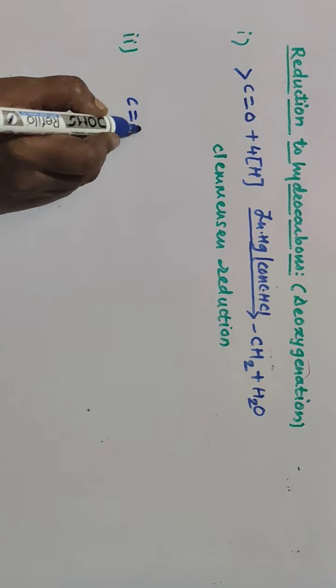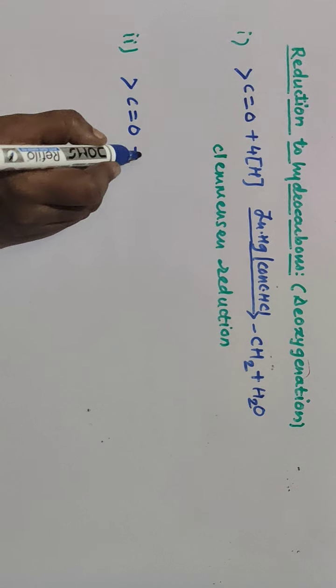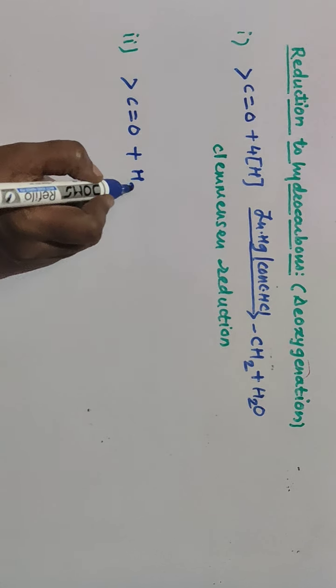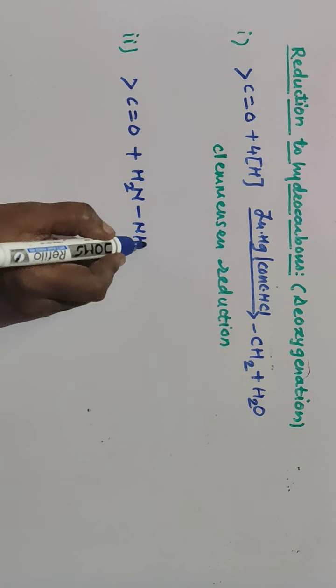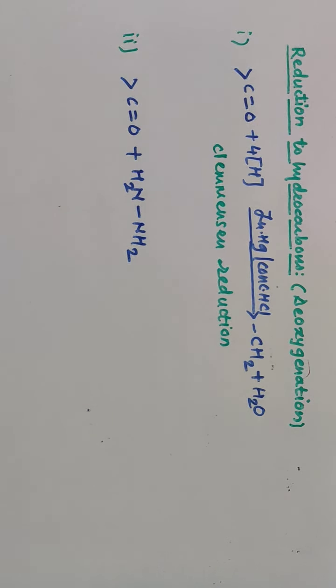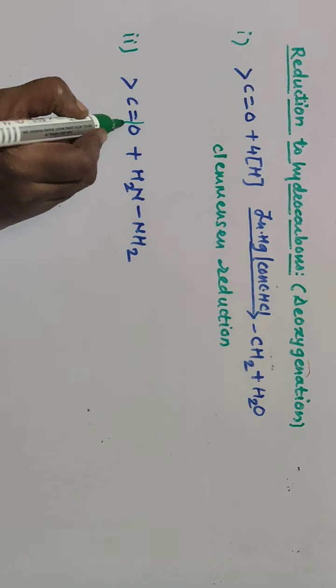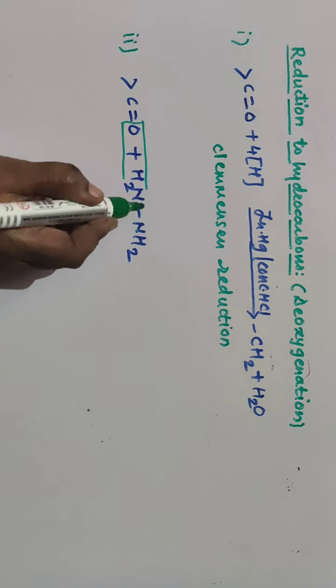So the carbonyl group is first treated with hydrazine. The reaction is well familiar to you. We have studied this already in addition reactions. So when the carbonyl group reacts with hydrazine, there is a removal of a water molecule.